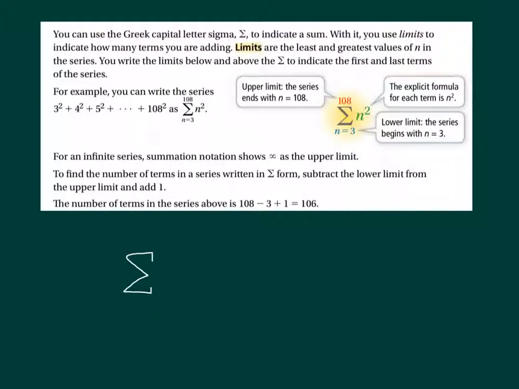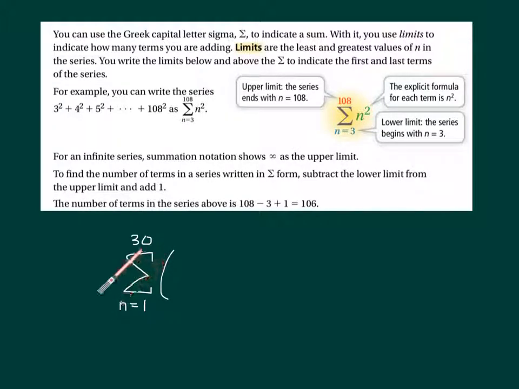So in the example they have here, n goes from 3 to 108 of n squared. The problem we just did, we took the sum as n went from 1 to 30 in the theater example we just did, because we started with the first term, the first row, and we added all the way up until the 30th row.